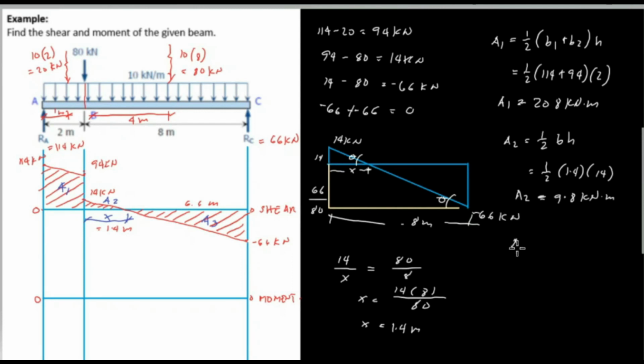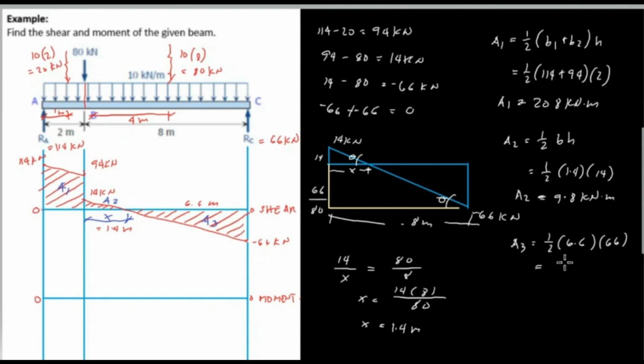Next, area 3. Area 3 is the big triangle below, and we have the same formula, 1/2 of base times height, or 1/2 of the base, which is the distance 6.6, multiplied by the height of the shear of the triangle, which is 66.